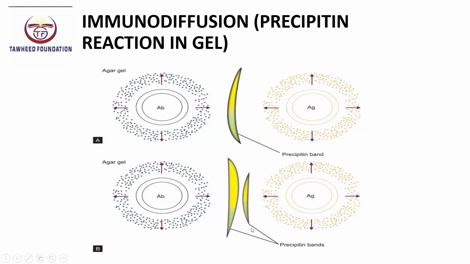So on the whole, immunodiffusion is a gel-based precipitation test in which antigen and antibody diffuse through agar towards each other and form a visible precipitin line where they meet in optimal proportions. This line, called the precipitin band, indicates a successful antigen-antibody reaction.